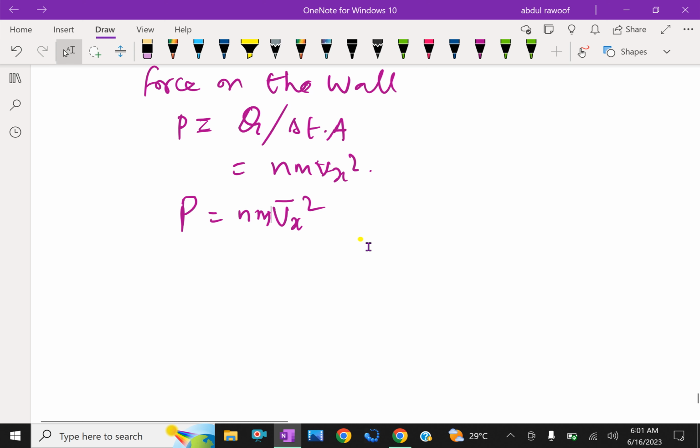This is the average over all the molecules in the x direction.